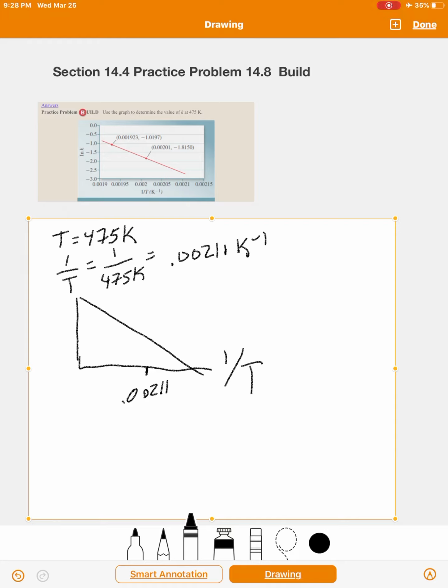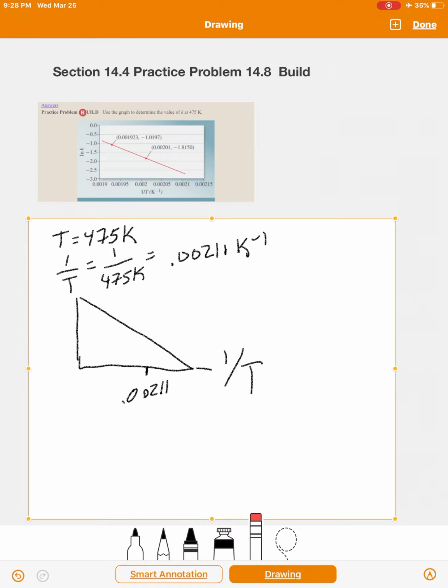But then if you look, there's 0.00205, and then there's 0.0021, and then it's pretty much where it ends. So looking at that x-axis, it's pretty much right where the red line ends. It's right there.